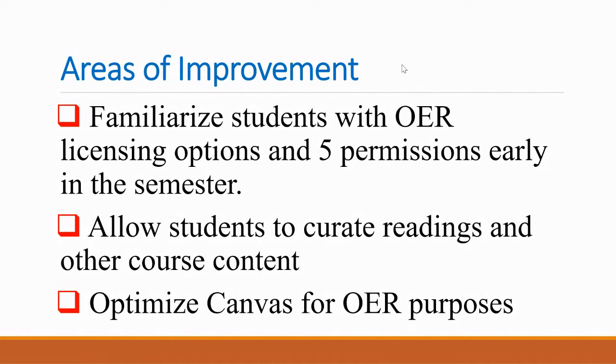I would like also to allow students to curate readings and other course content, so they can have ownership of their learning, and they can also use this learning outside of the classroom.